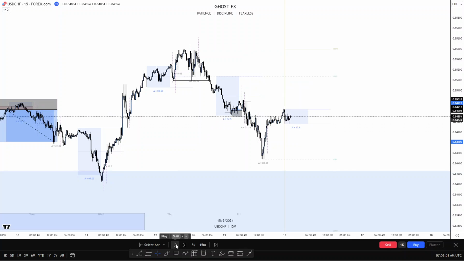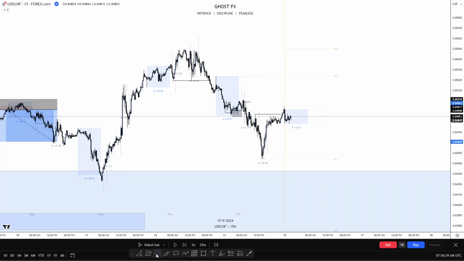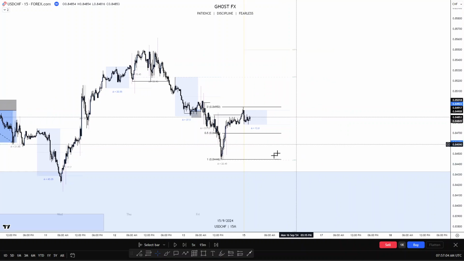So now we have an internal shift in market structure here. From low to high.